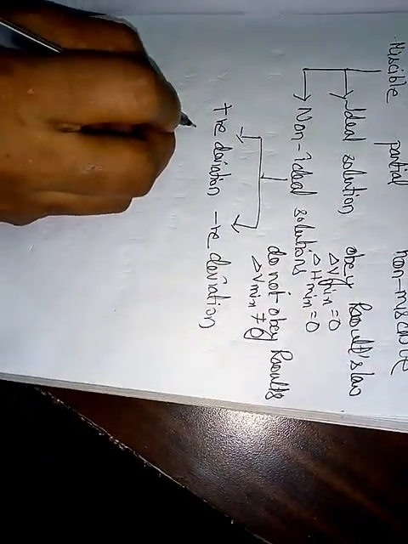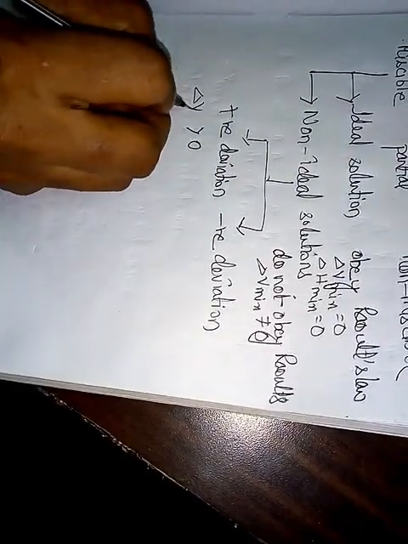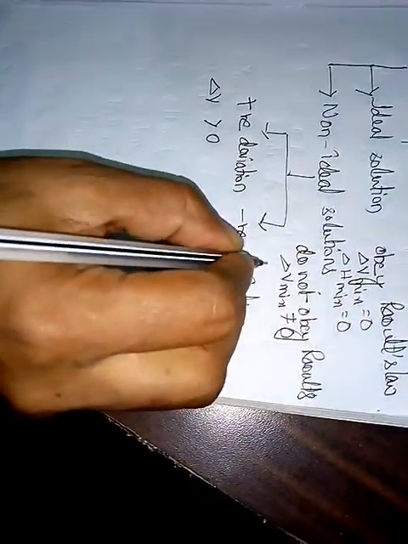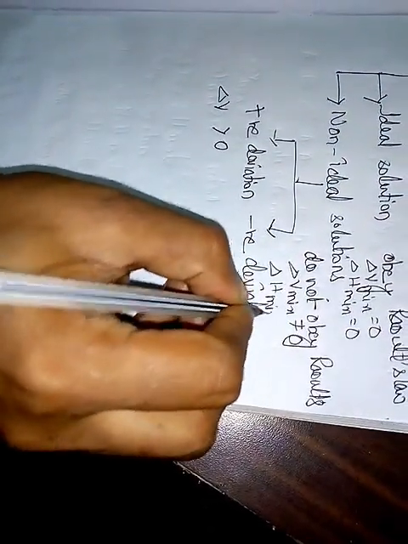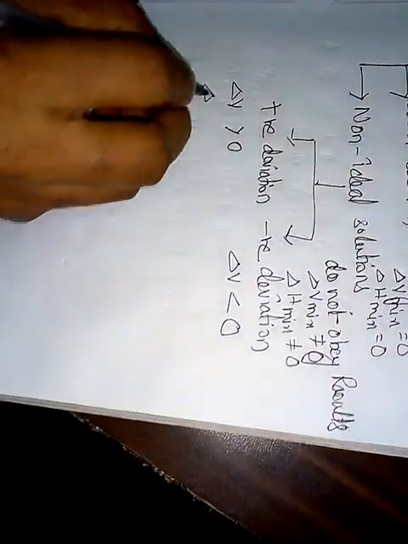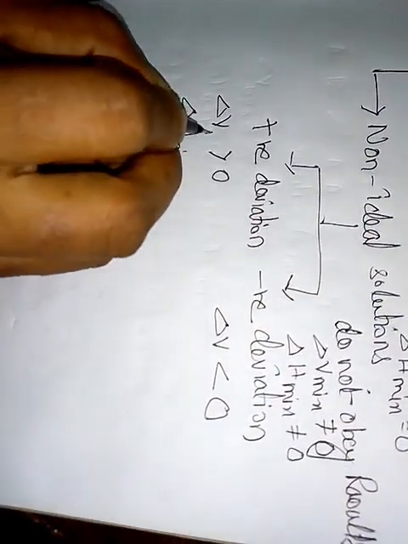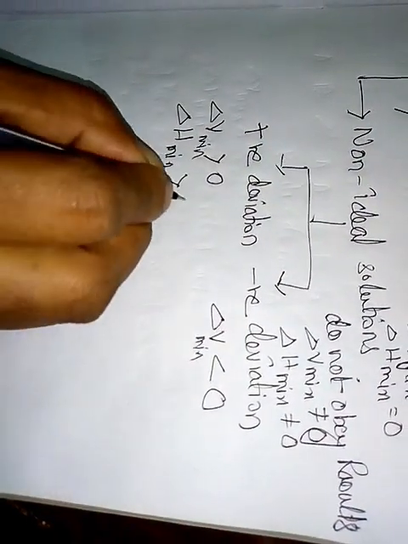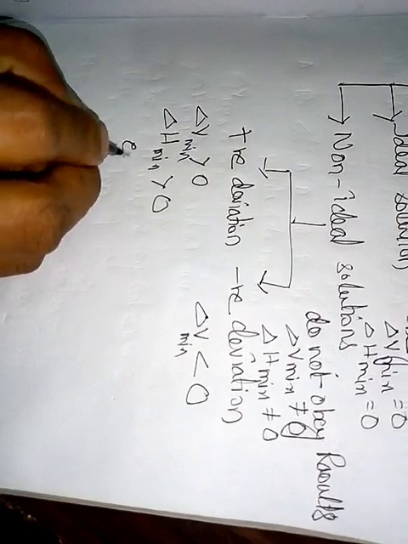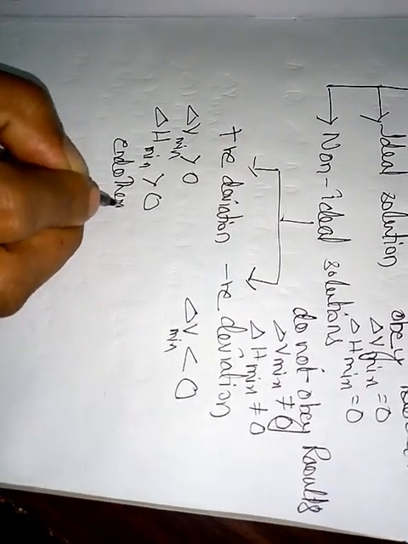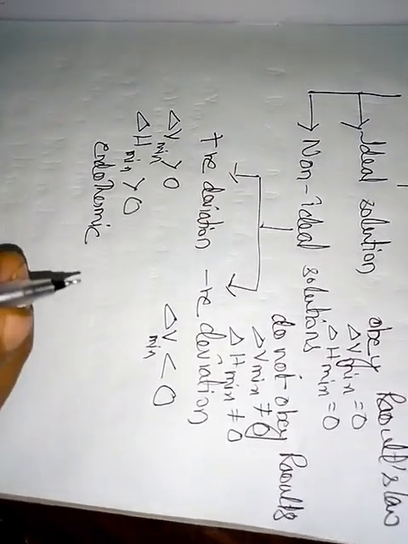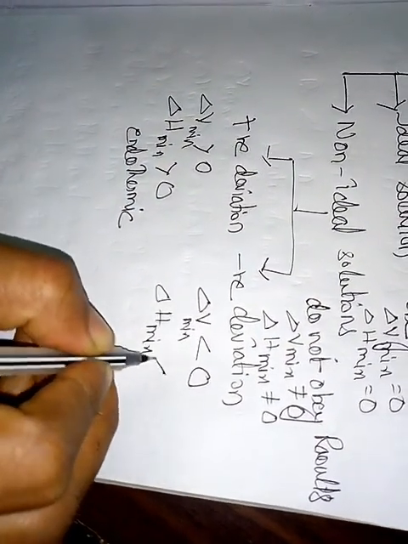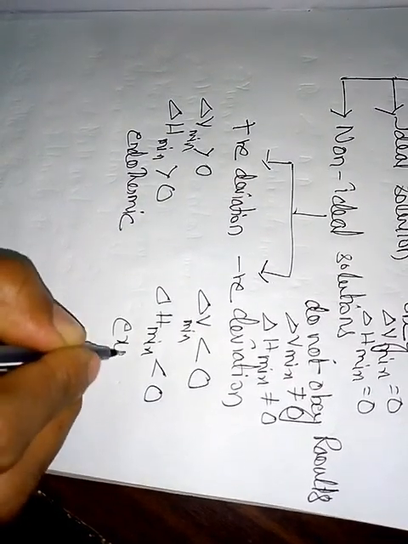If it is greater than 0, then it is positive deviation. If it is less than 0, it is negative deviation. Then delta H mixing is not equal to 0. So delta H mixing is greater than 0, that is endothermic. That means absorption of heat takes place. And here delta H mixing is less than 0, that is exothermic.